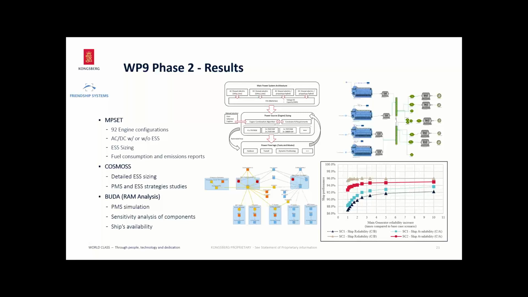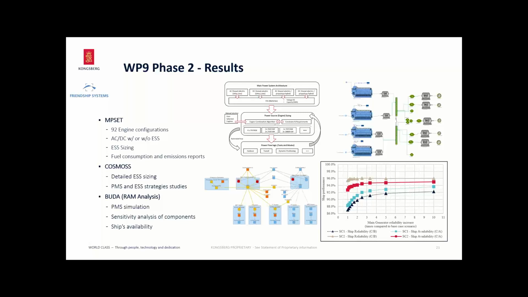You can also size the batteries, and you get fuel consumption and emission reports. This design from MPSat I'm not going to detail because phase 1 is more interesting for us in this webinar, but we can always talk about it later.